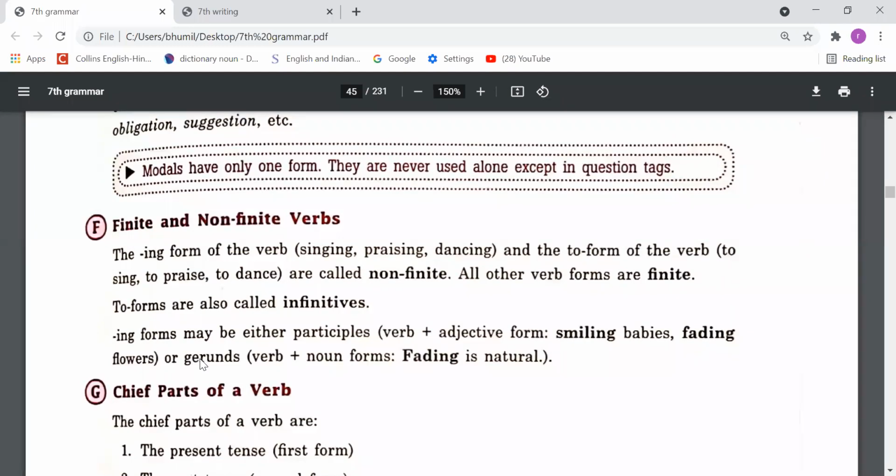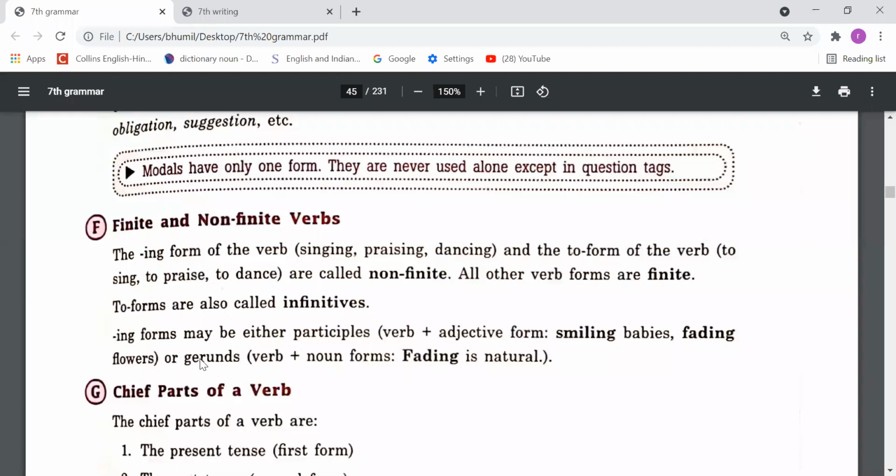Suppose I say "I like cricket." So cricket is a noun. If I say "I like playing," we know that playing, P-L-A-Y-I-N-G, is a verb, but here I have used it as a noun. So when we use the ing form as a noun, that is called gerund.